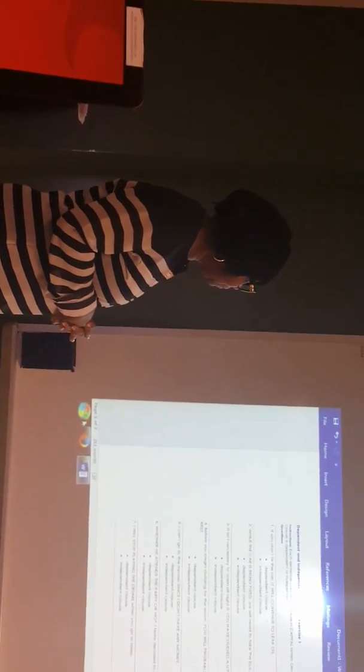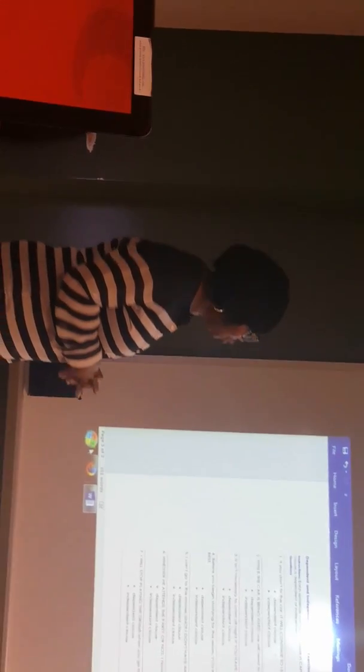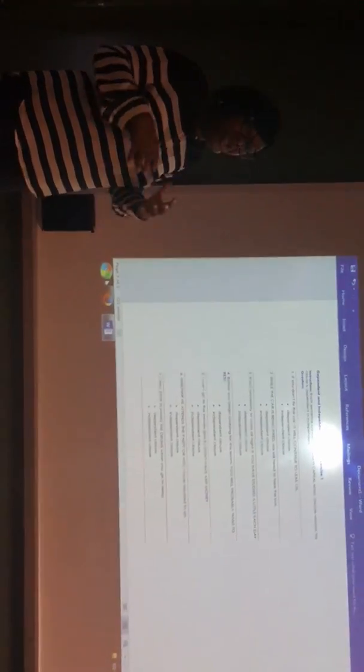So if it starts with a subordinating conjunction, will it be independent or dependent? Dependent. It will be dependent because that if changes that independent clause to a dependent clause.